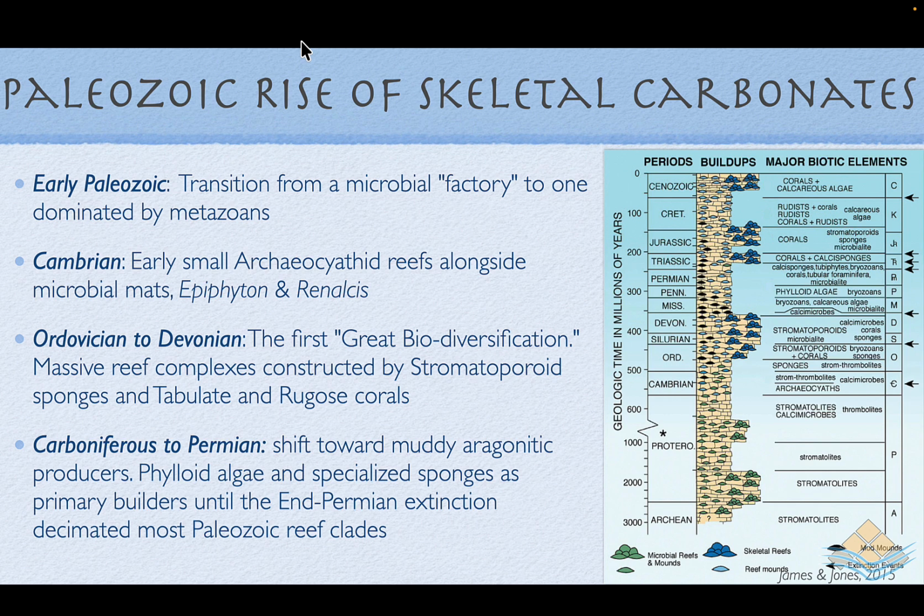By the time we get to the latest Devonian, stromatoporoids are no longer major contributors to the reef, but we see the reef mounds dominated once again by calcium microbes. With the extinction of those invertebrates within that reef framework, the reefs during the late Paleozoic were mostly reef mounds, skeletal mounds, or calcium microbial skeletal associations.